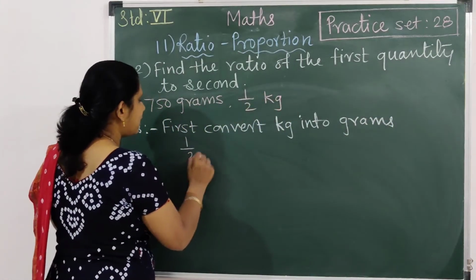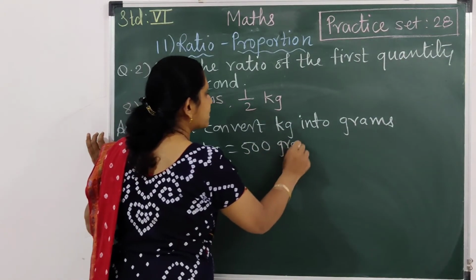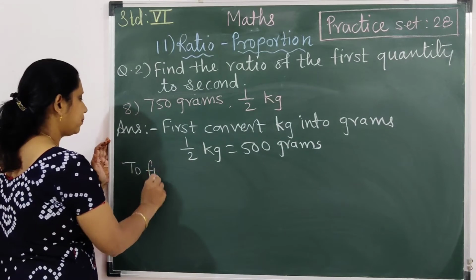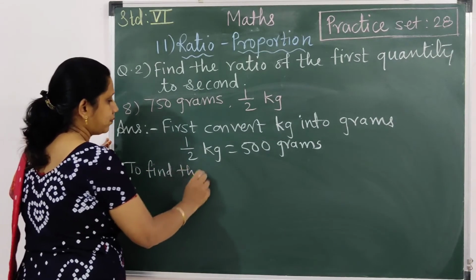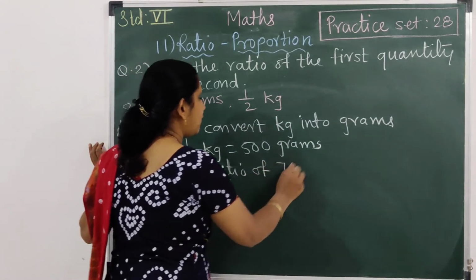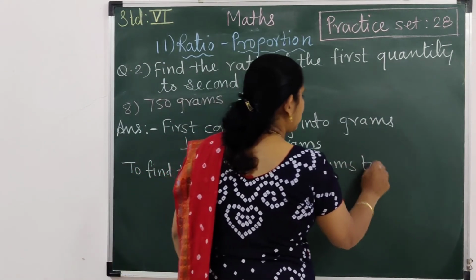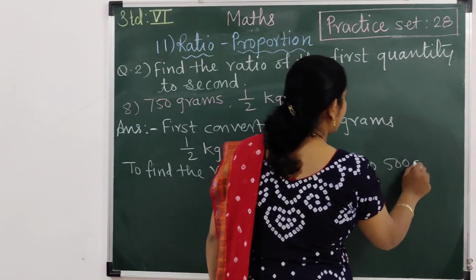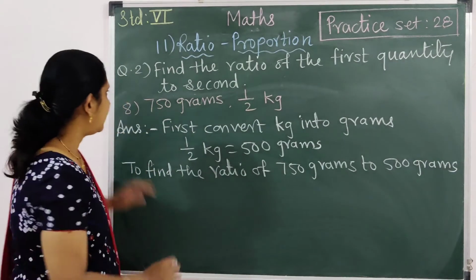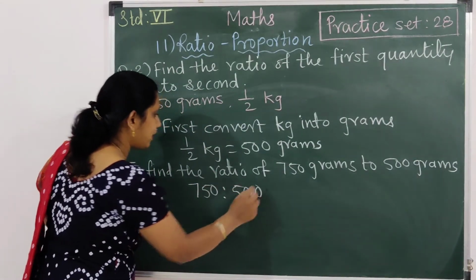So half kg is equals to 500 grams. So to find the ratio of 750 grams to 500 grams, right? That is 750 is to 500.